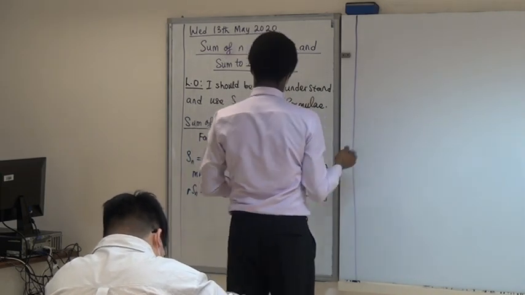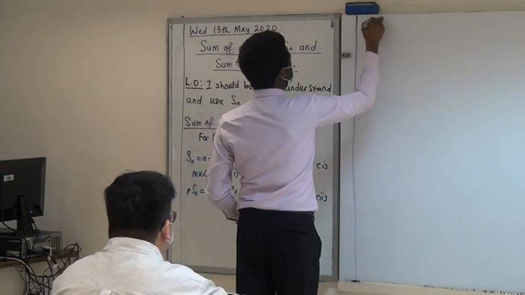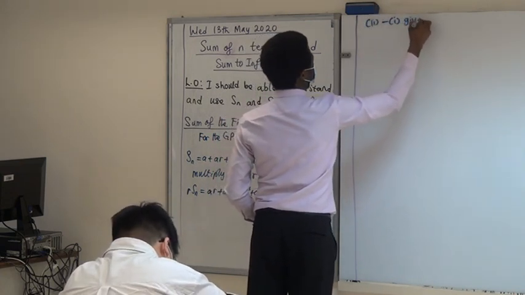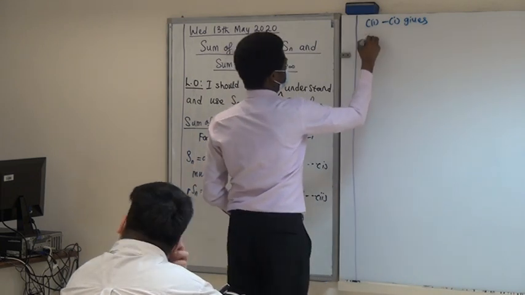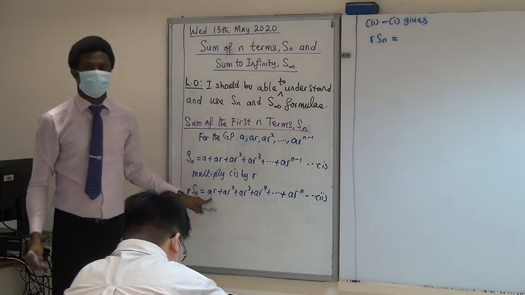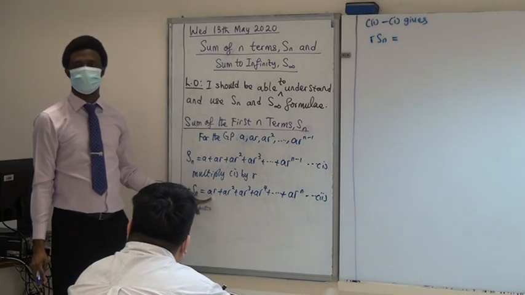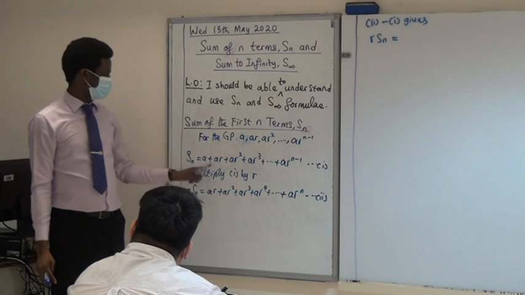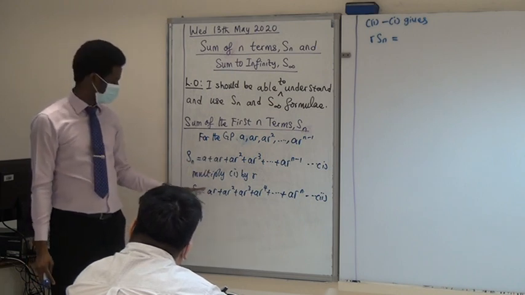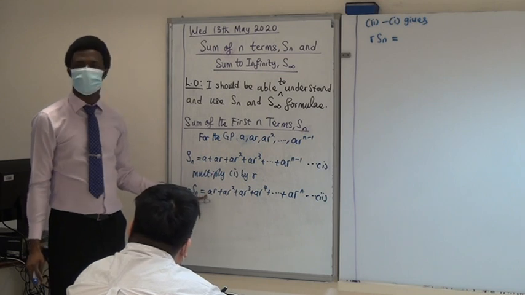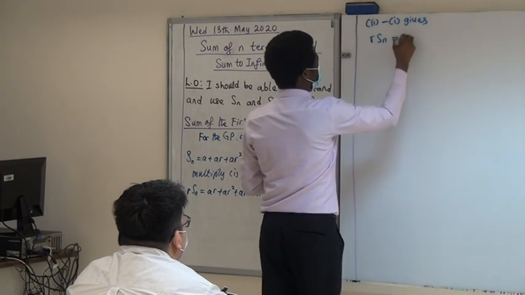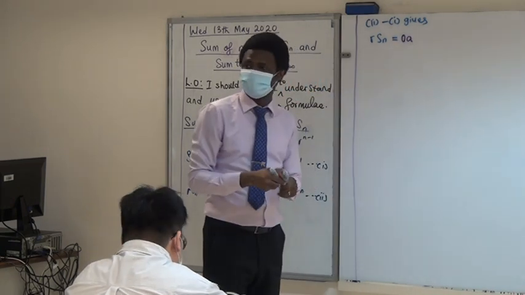So first, let's do equation 2 minus equation 1. Equation 2, let's write that at the top: R Sn equals... now because this AR happens to be the second term, I'm going to rearrange it such that I leave a space for A, or I can just say 0A, because the A term is not there.